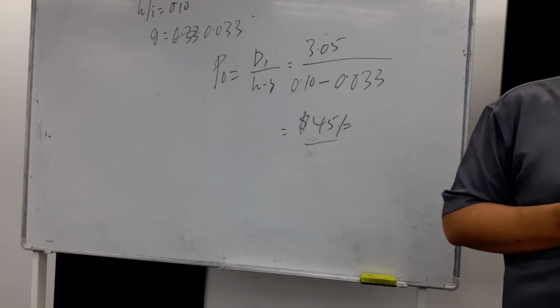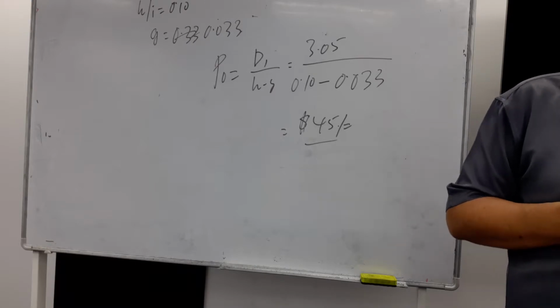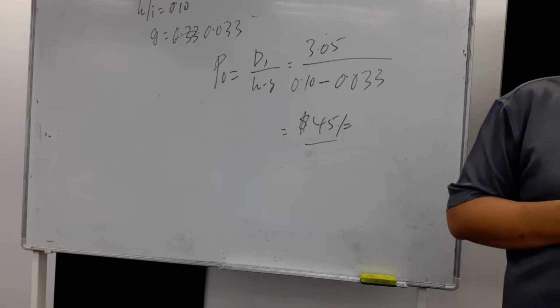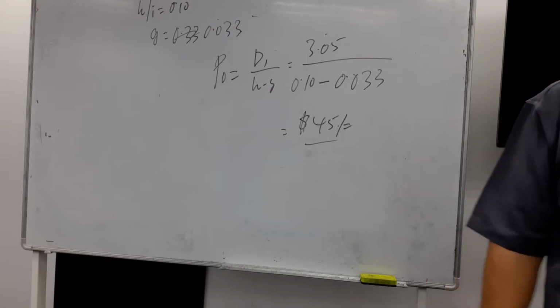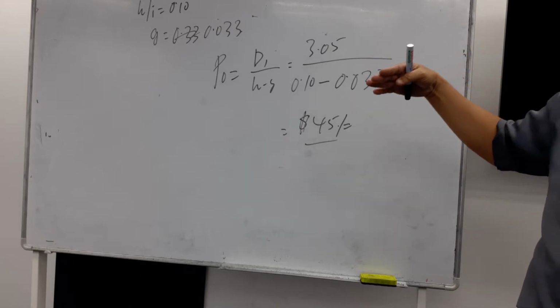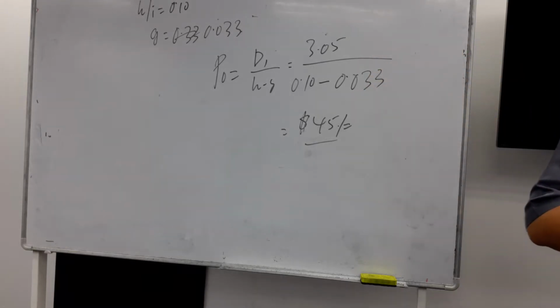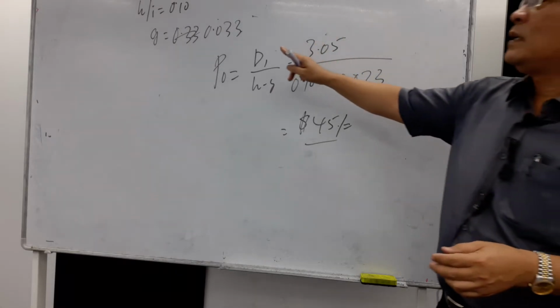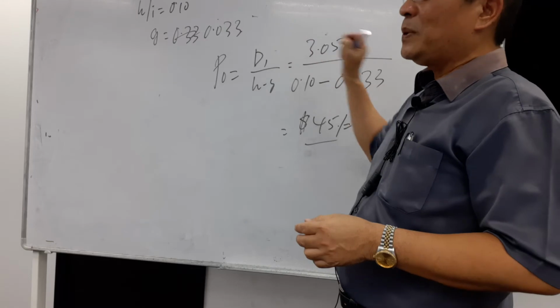This textbook mentions the no growth model on page 259. I did not include the no growth model in our 4 techniques of share valuation because no growth means there is no growth in dividends. It means that you use constant growth except G is 0. That's it.